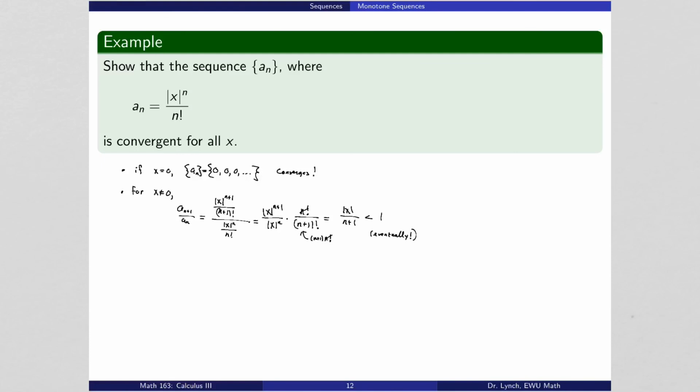So this is something we categorize as eventually decreasing, but it's decreasing, telling us that our sequence is monotone. Now our sequence is monotone decreasing, and it's also bounded below. So it's always going down, and it's always greater than 0. So we know then that a sub n has to be convergent.